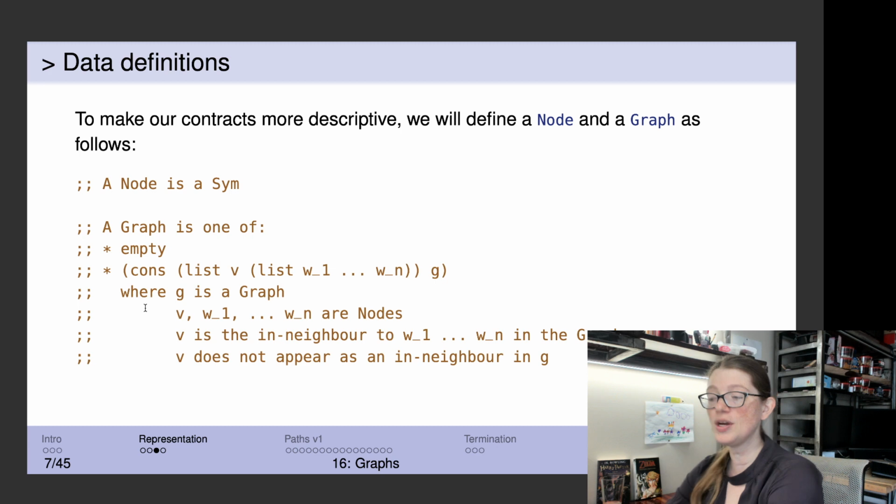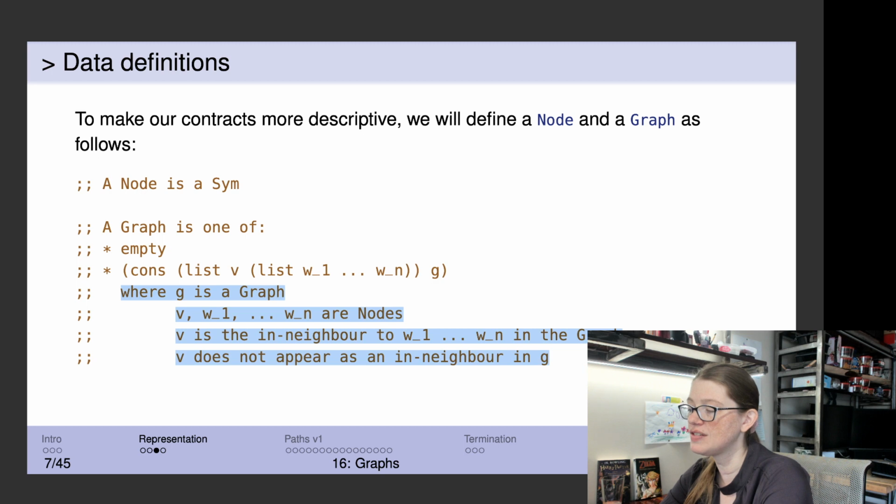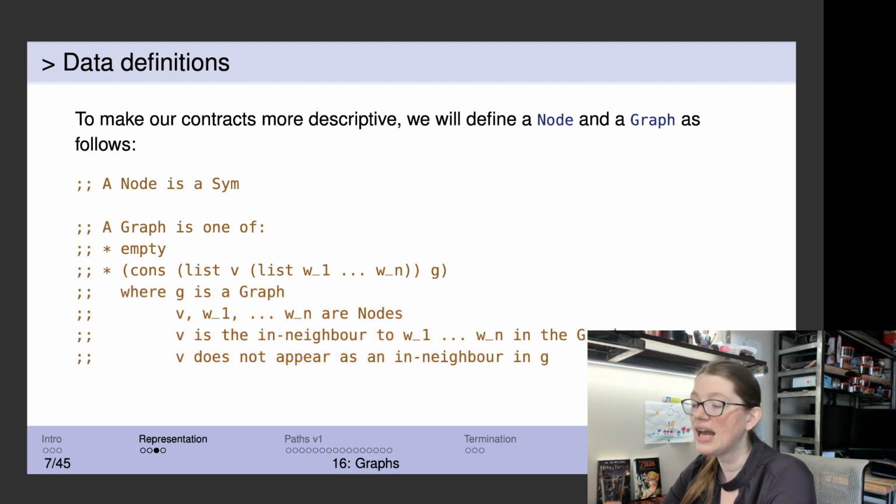For our purposes, we are saying a node is a symbol. We're keeping it very simple here. Then a graph is one of two things. It is either empty or it is cons, and this is our key value pair, a node V onto a list of nodes. And you'll note here that it gives you a bunch of specifications of what this means. And again, this is consing a key value pair onto a graph G. So we say G is a graph, and V and all these W's are nodes.